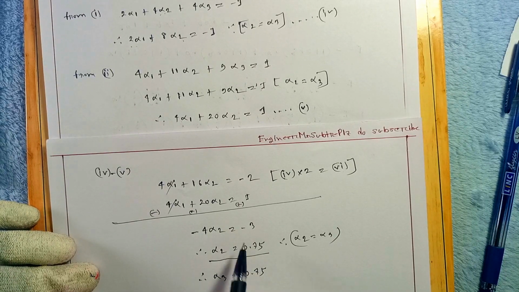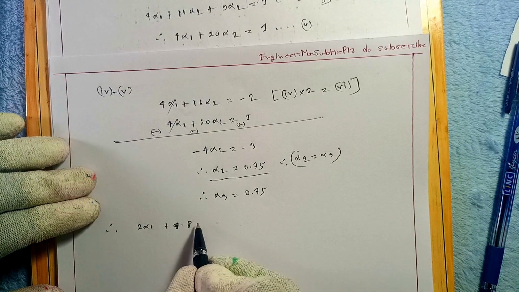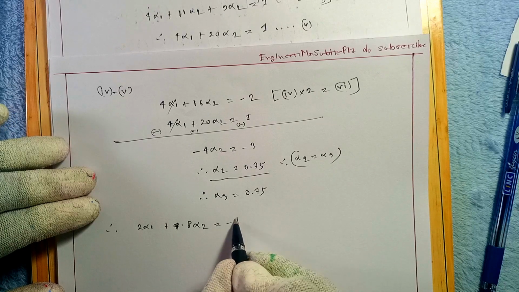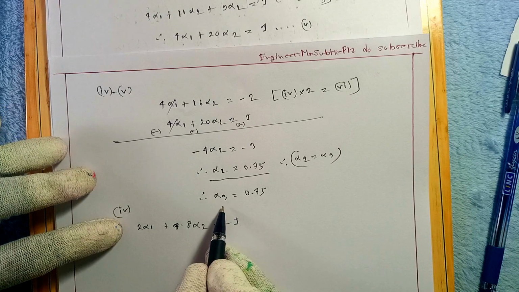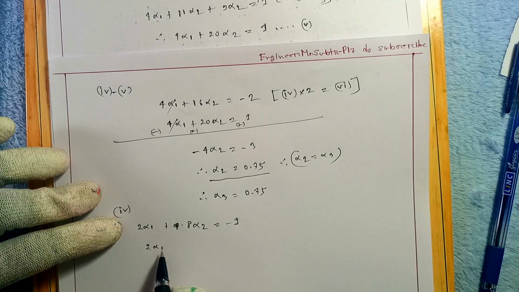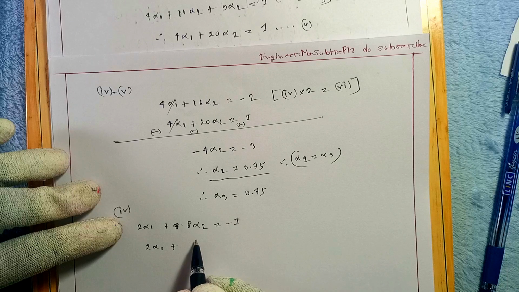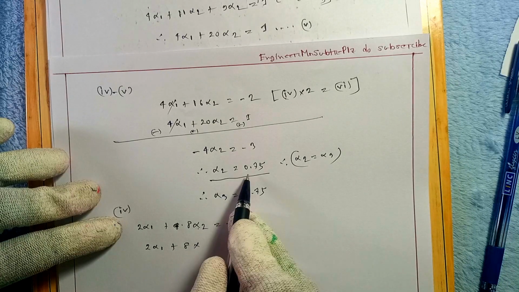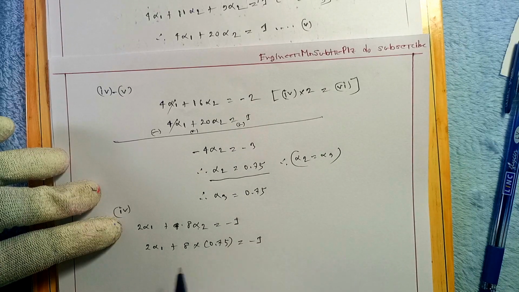So let's put the alpha 2 value into equation number 4: 2 alpha 1 plus 8 alpha 2 equal to minus 1. So 2 alpha 1 plus 8 into the alpha 2 value 0.75 equal to minus 1.